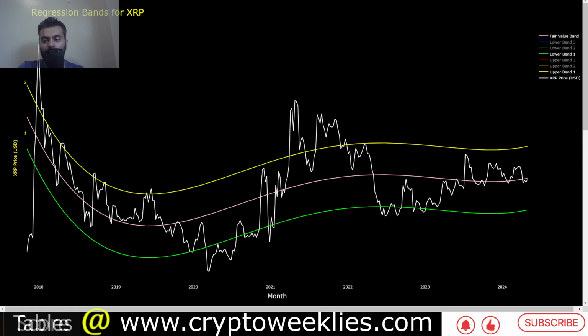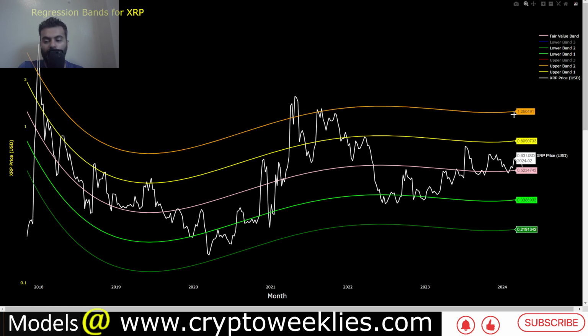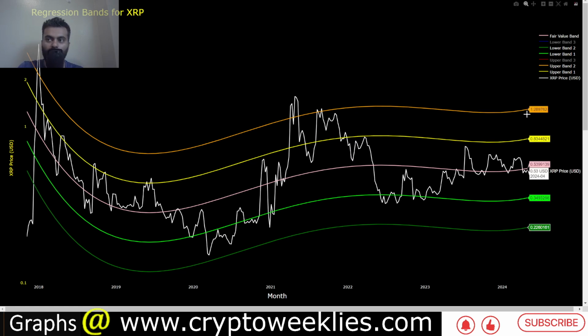This is the 1 standard deviation lower band and upper band. If XRP were to have a 1 standard deviation rally, the theoretical ceiling at this point per regression analysis is around 83 cents, and the floor is around 34 cents. That is at 1 standard deviation. But if you look at 2 standard deviation, which is about 95% confidence, if there was a rally, the theoretical top is around $1.28, and the 2 standard deviation bottom, if there were a wider crash, is around 22 cents.